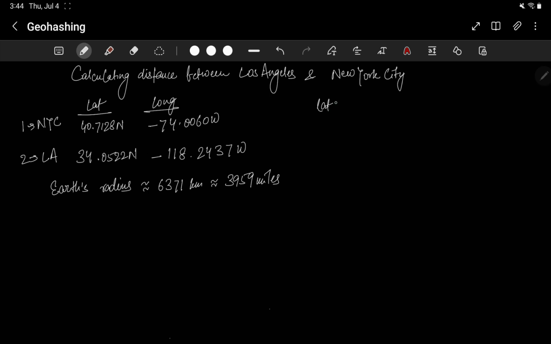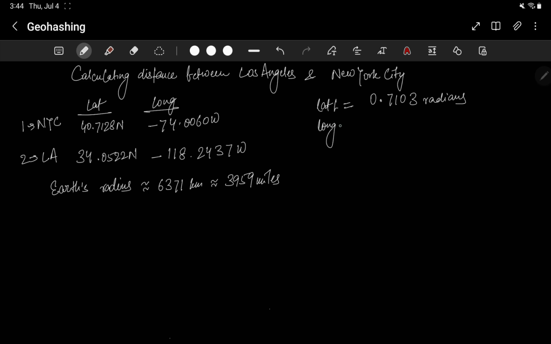So if we convert lat 1 to radians, we just have to multiply it by pi by 180. Okay. So this will come out to be 0.7103 radians. Okay.